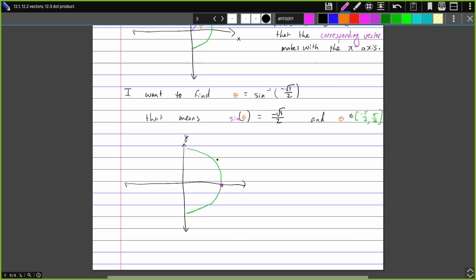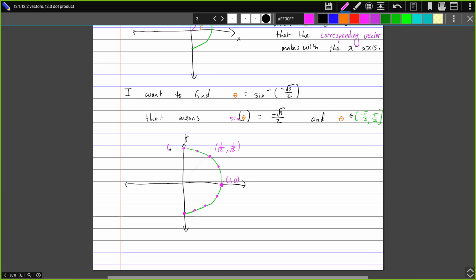One point corresponding to a common angle is the point 1, 0. There's another one up here, which is 1 over root 2, 1 over root 2, or root 2 over 2 if you prefer. That would be a 45-degree angle. Then there's this one, and there are going to be three down here, and of course these on the axes.